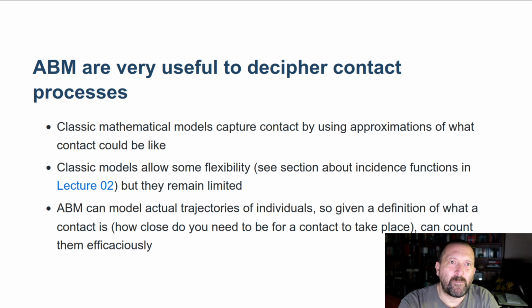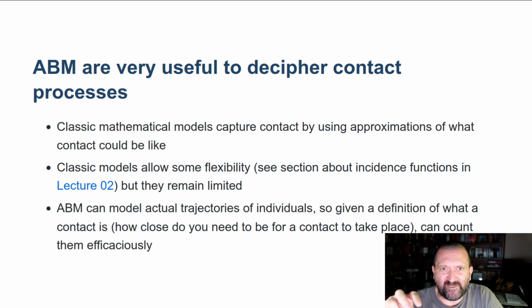Contacts are probably the weakest part of mathematical models. We approximate what they can be, and we can get into quite a lot of detail, but our description of contact is altogether a very ad hoc, very high level view of contact.